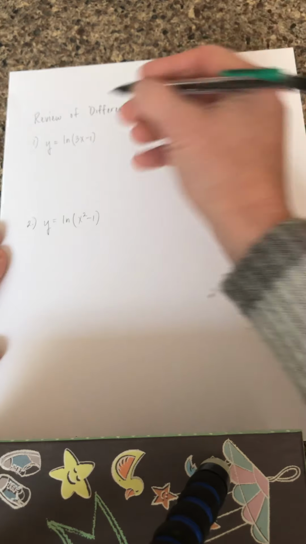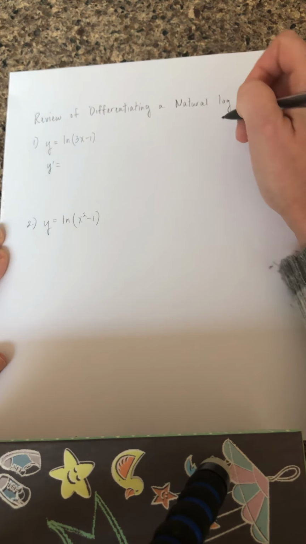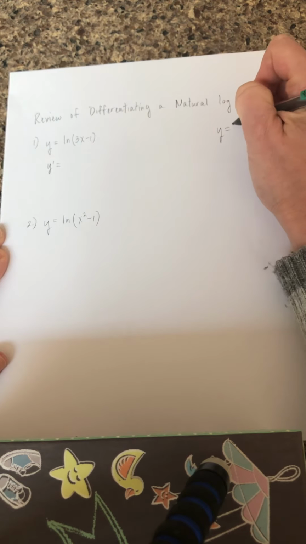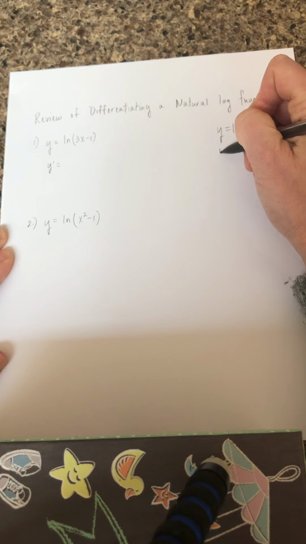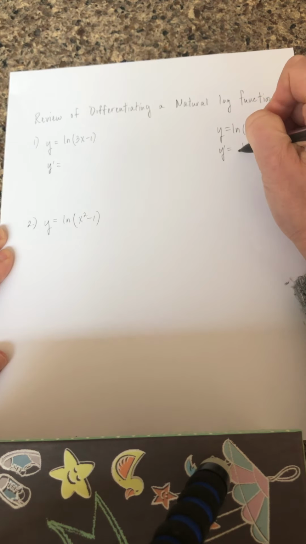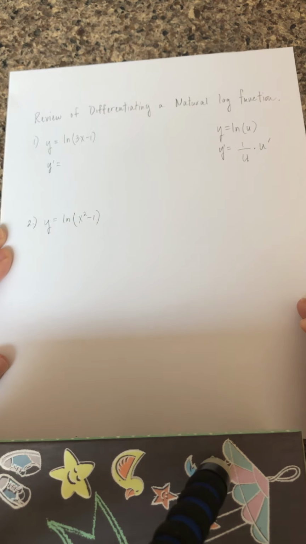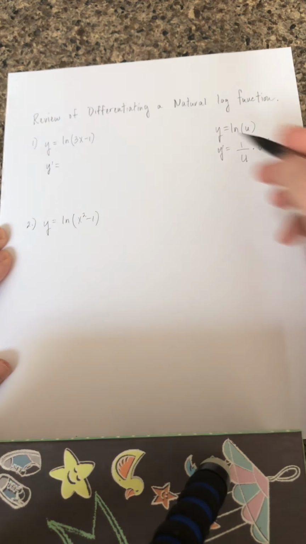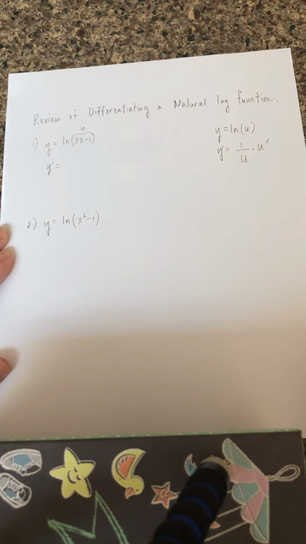Okay, so we're differentiating. So y prime. All right, so the derivative of a natural log function, just sort of as a formula, is 1 over u times u prime, right? So in our first example, the u value is the 3x minus 1.